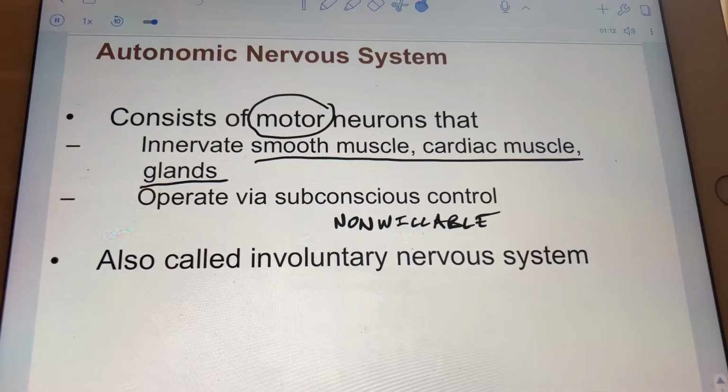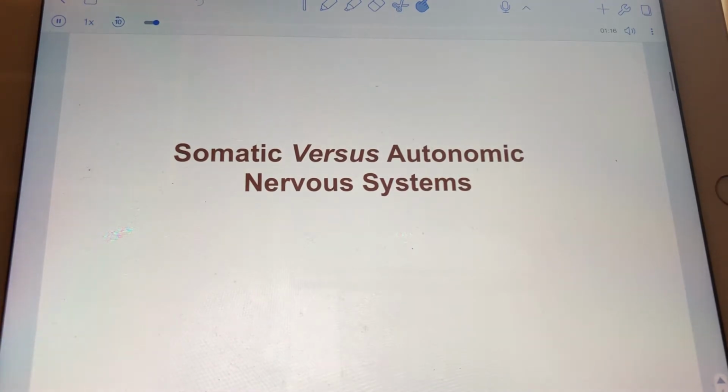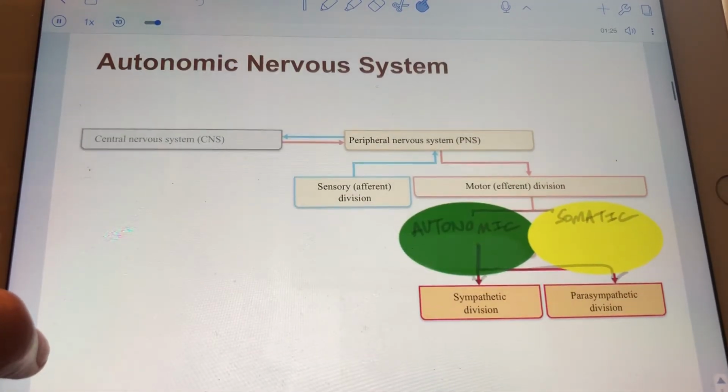Okay, slide 4 is just an introductory slide, therefore useless. Slide 5, these little ovals are actually in our way.